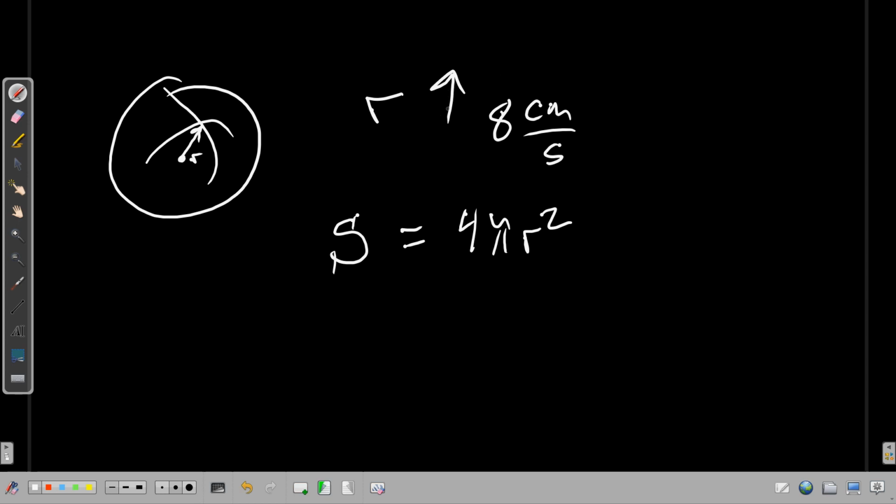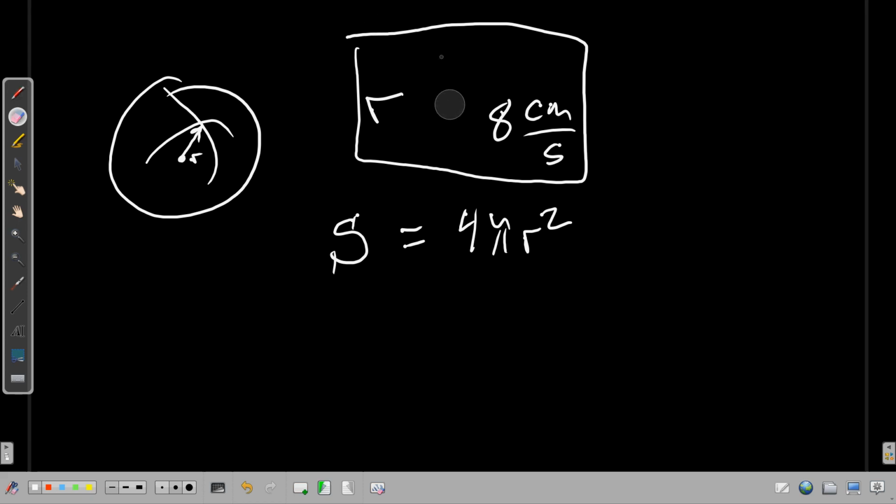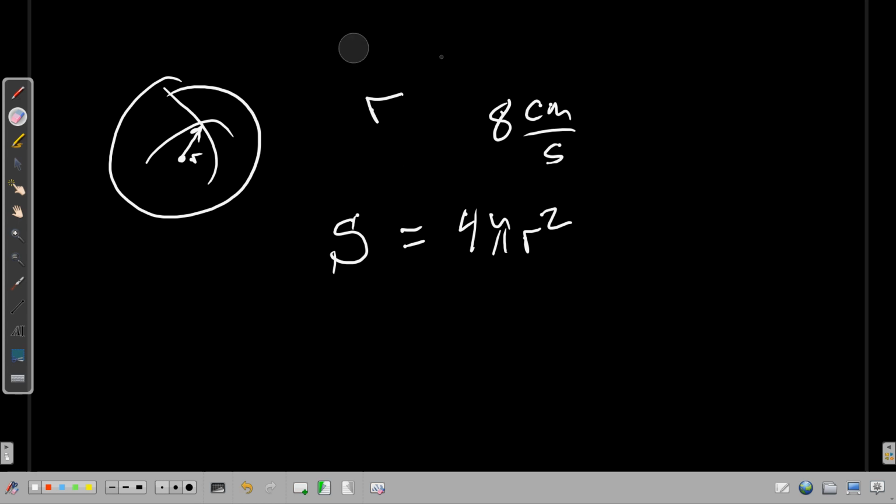And it says that the radius is increasing at a rate of 8 centimeters per second. So we could write a little linear function expressing what that radius looked like over time.